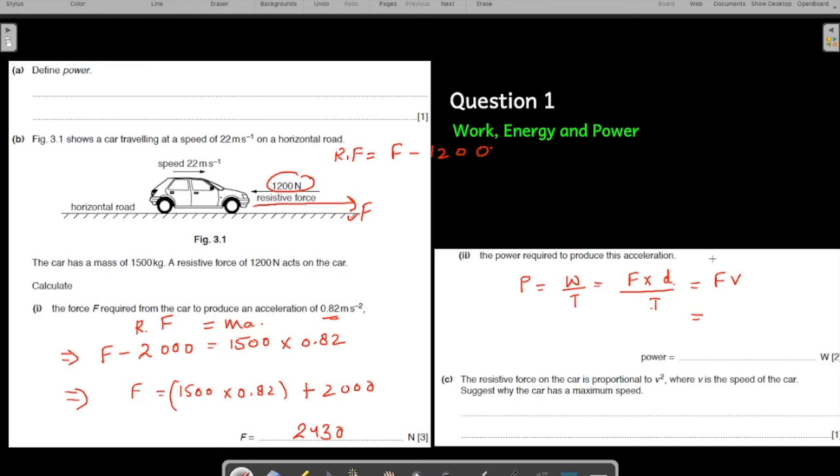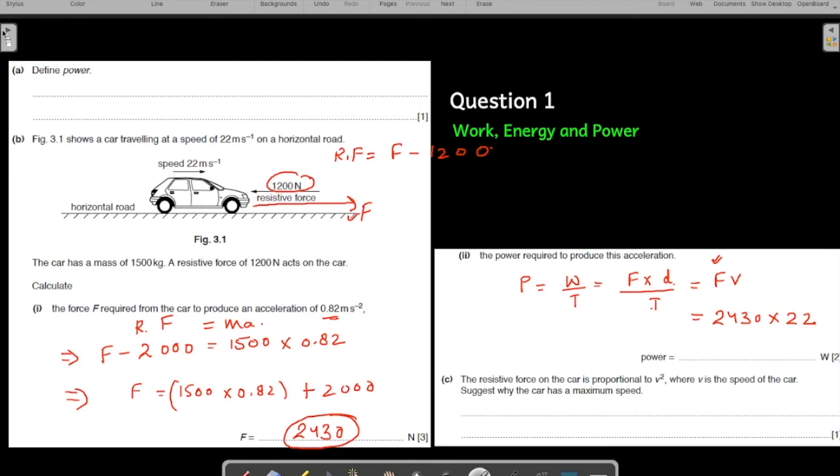So let us input the value in the equation. What is the total force produced by the engine? We have already calculated it. 2430 times the velocity. If you multiply these two numbers, you'll get the total power produced by the engine to move at a speed of 22.